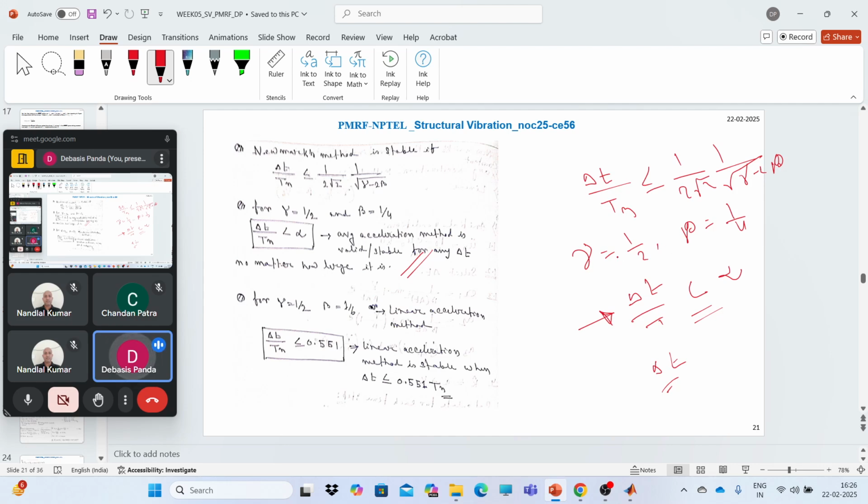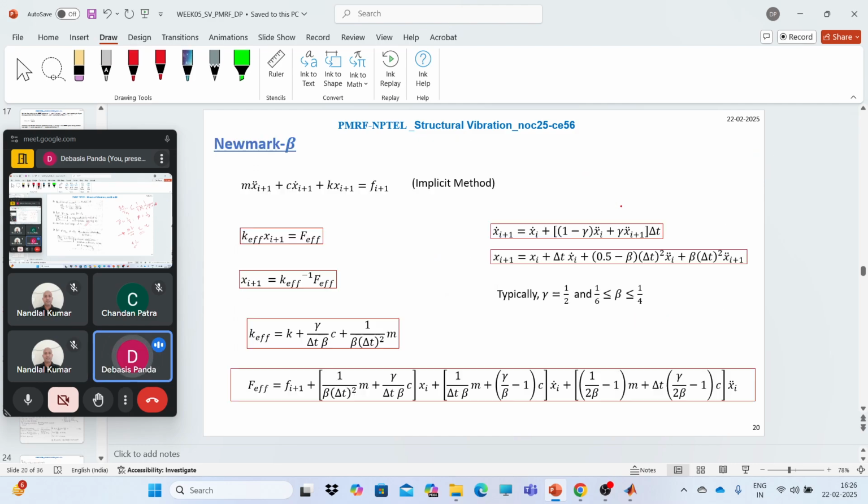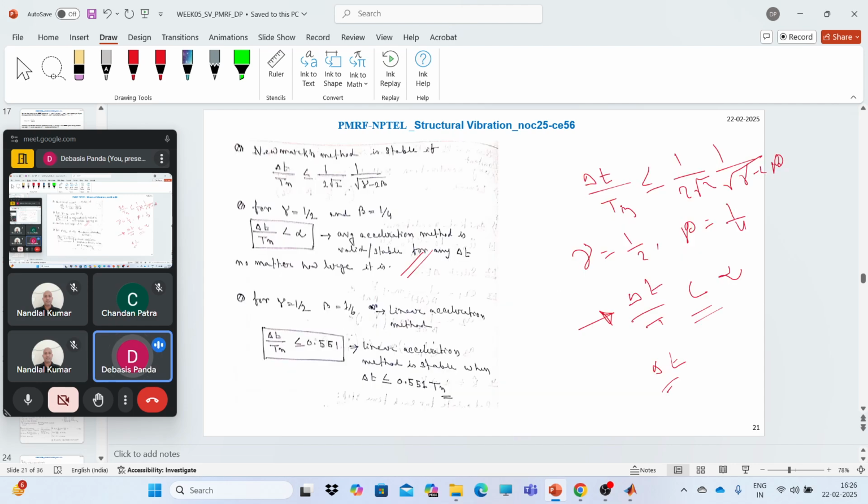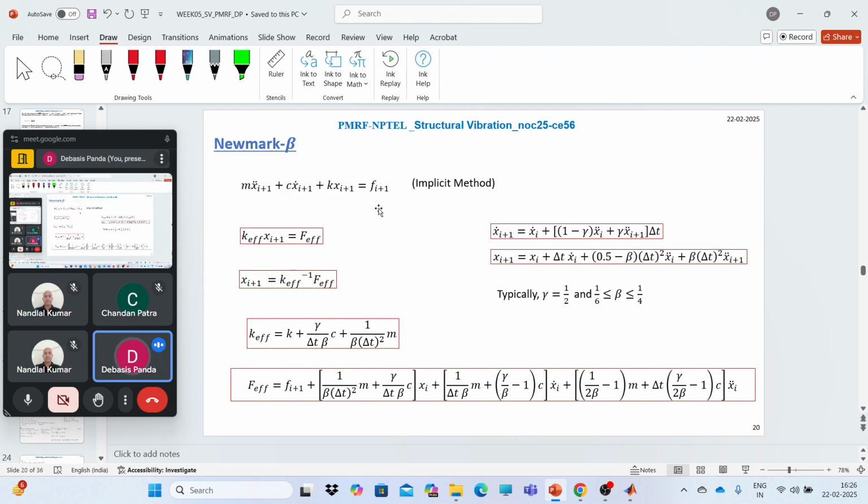But the linear acceleration method, where we have considered that the response varies linearly, will only be stable if del t by Tn is less than or equal to 0.005. For the linear acceleration method, we need to consider gamma and beta values as 1/2 and 1/6, and for the constant average acceleration method, gamma is 1 by 2 and beta is 1 by 4 in this equation, with f effective and k effective, to get the responses at x i+1.